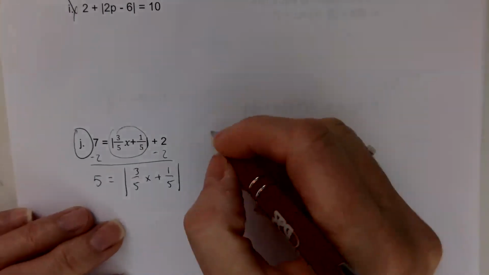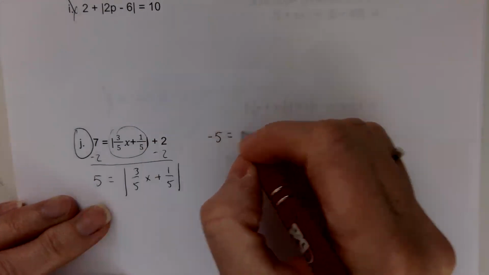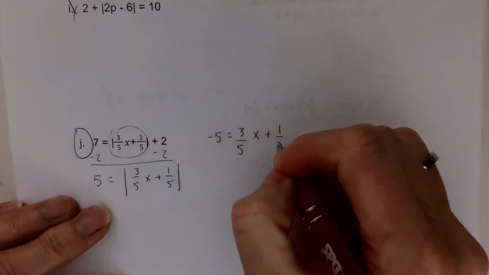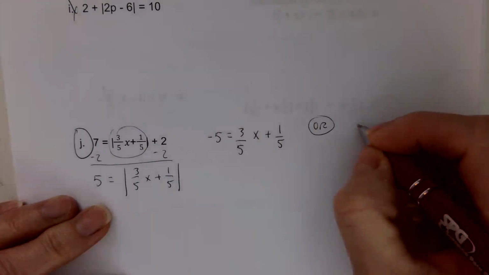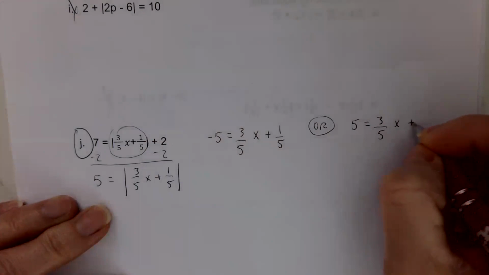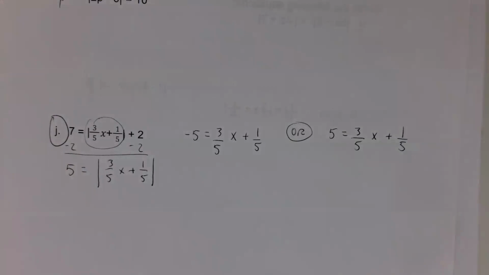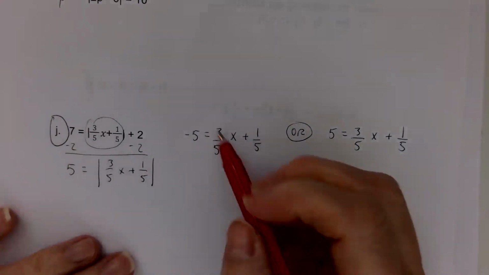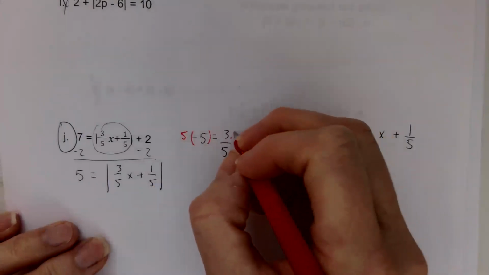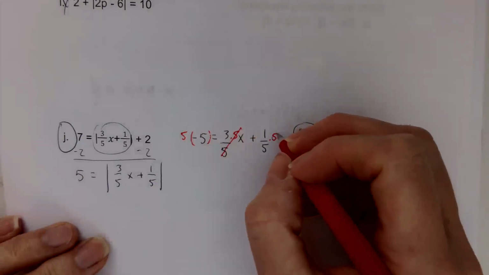Okay, so let's set them equal to 5 and a -5. So either I have a -5 equals 3/5 x plus 1/5, or I have a +5 equals 3/5 x plus 1/5. So I'm going to multiply through by 5 to get rid of my fraction. So that gets multiplied through by 5. This gets multiplied through by 5, which cancels. This gets multiplied by 5, which cancels.